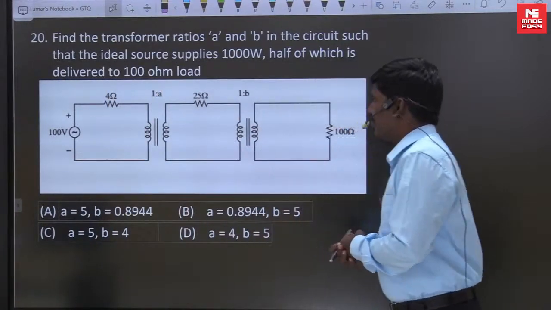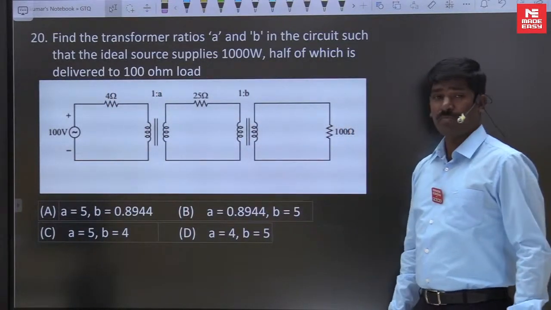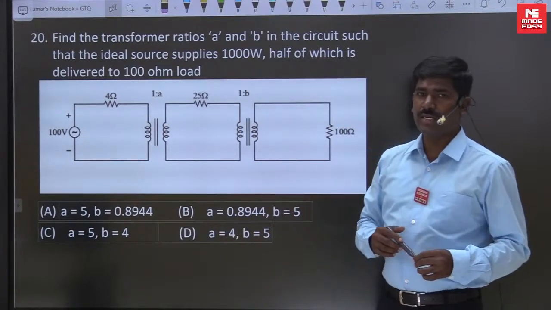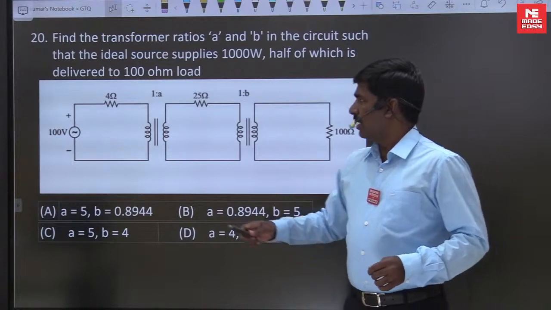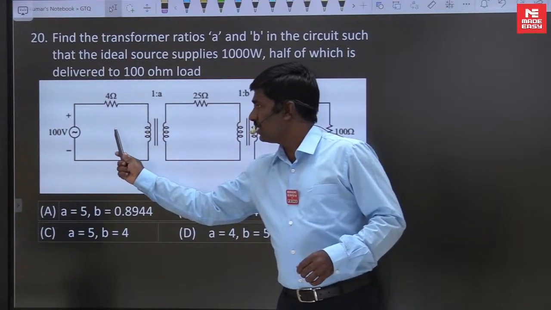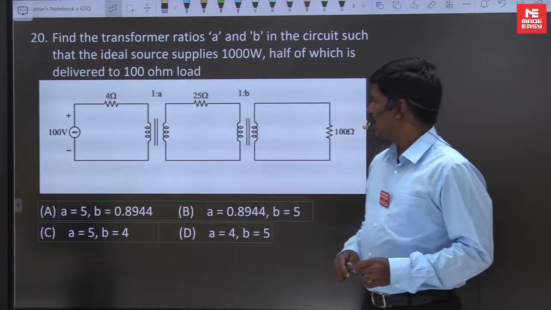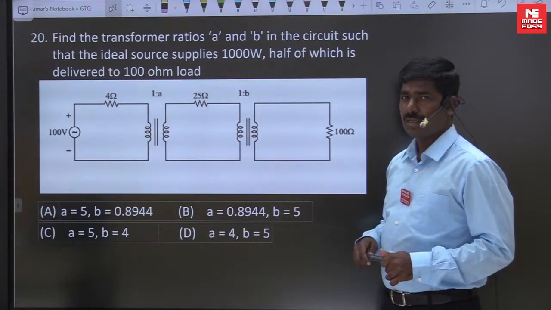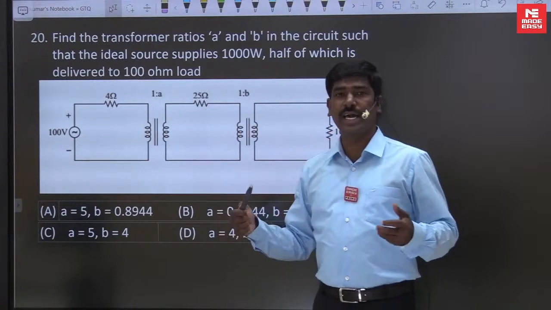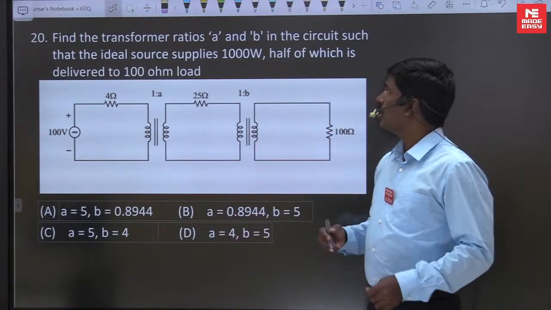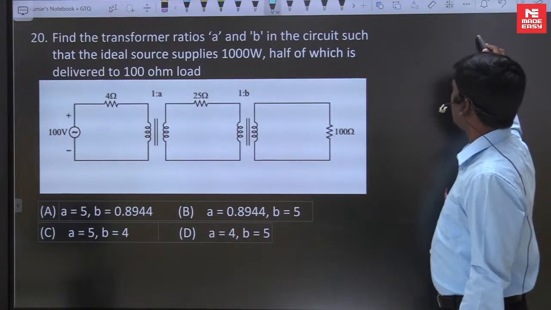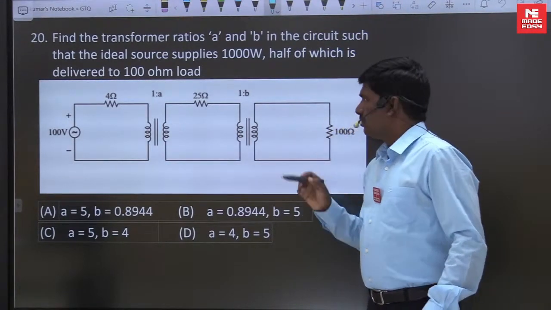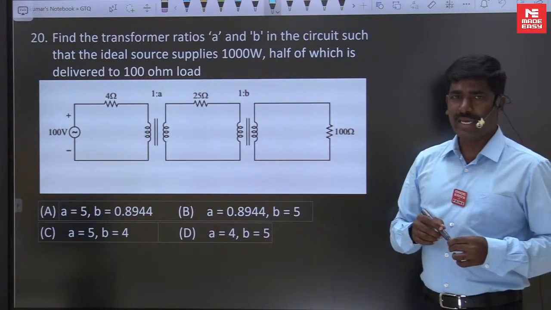How to approach? The given information is that the power delivered by the ideal voltage source is 1000 watts. From that you get the current in this loop. And from the second piece of information, one more current can be found. Now only resistive elements are there.